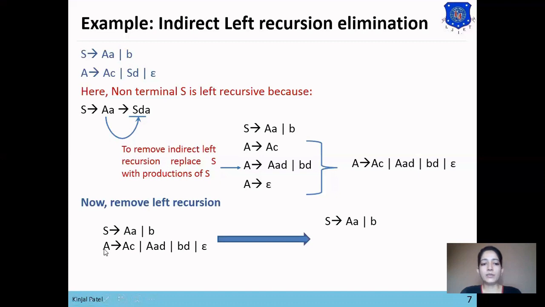Now in the second rule, first we will select the alternatives which have no left recursion in them. So there are two alternatives which have no left recursion. We will select A produces BD and we will generate a new non-terminal, so the non-terminal will follow BD.